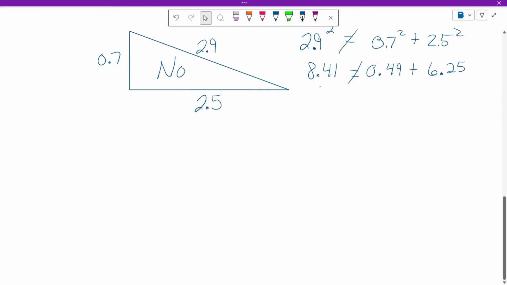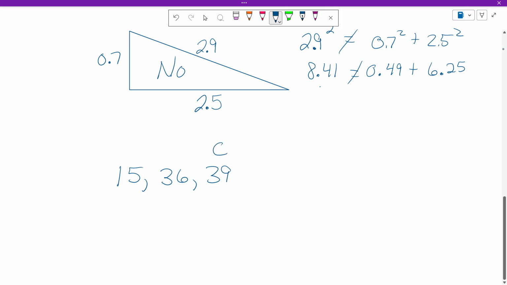Sometimes they won't even draw a triangle for you. They'll maybe have something like 15, 36, 39. What's A, what's B, what's C?